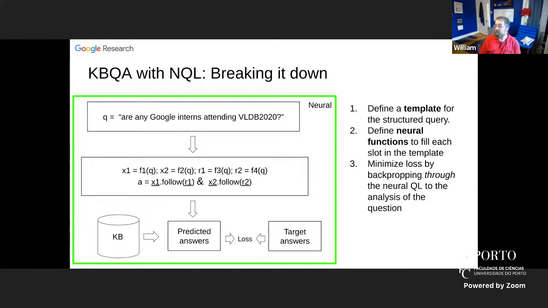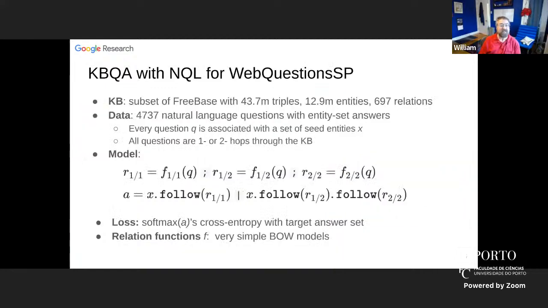So this is what the intended application of NQL was. And the main use of the knowledge base here and the query language is just simply to translate losses in terms of target answers to losses in terms of these natural language processing components that derive the relations in this case.